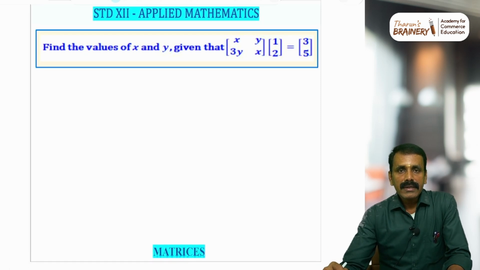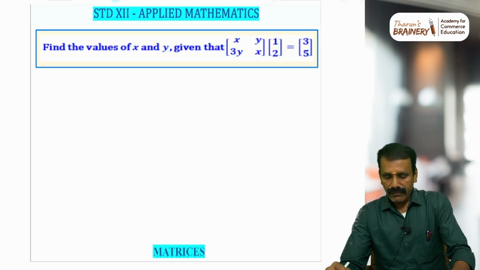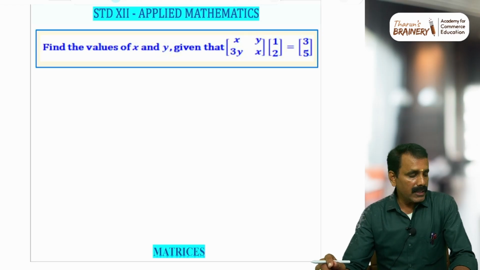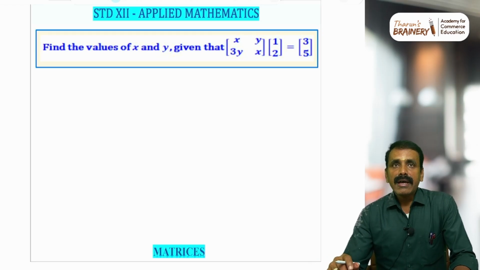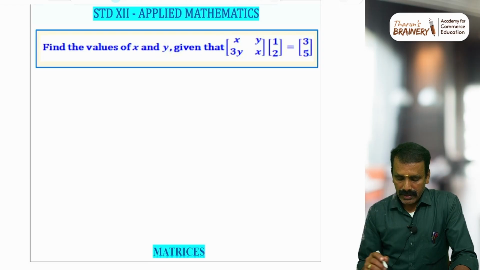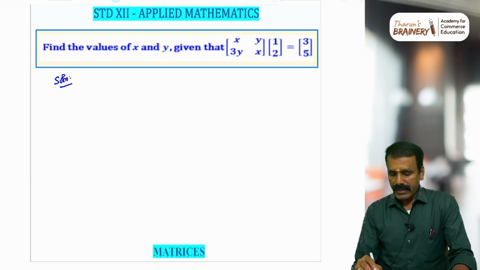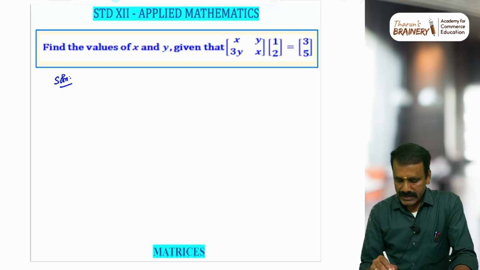Now we are going to see another typical question of finding the value for x and y. We are going to find the value for x and y using the equality of matrices after finding the product. Okay. Consider the question. Here we are having x, y, 3y, x.